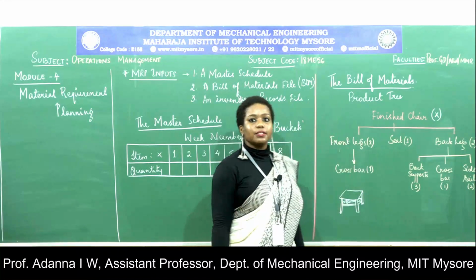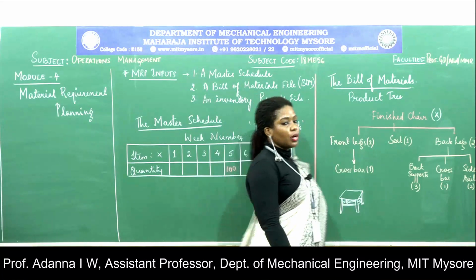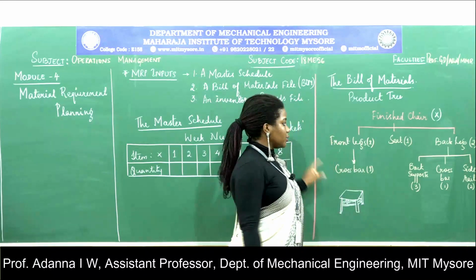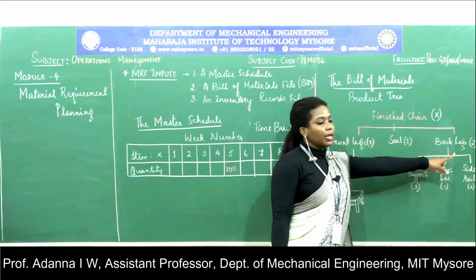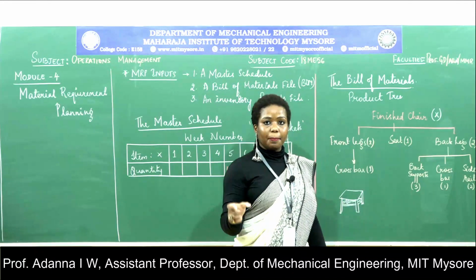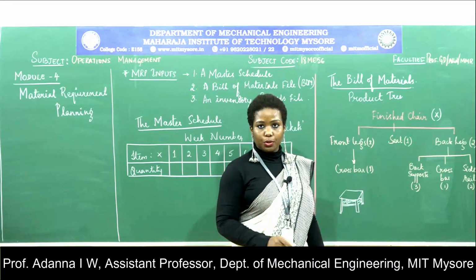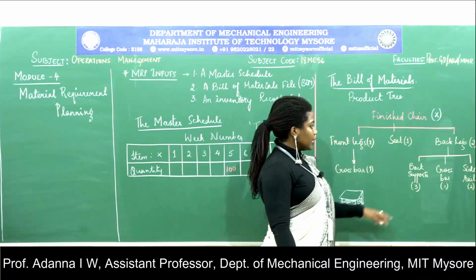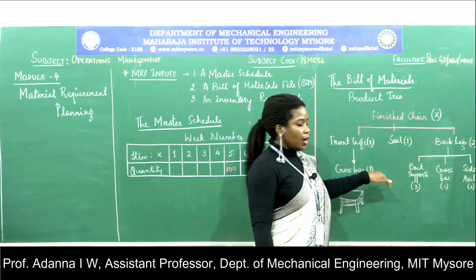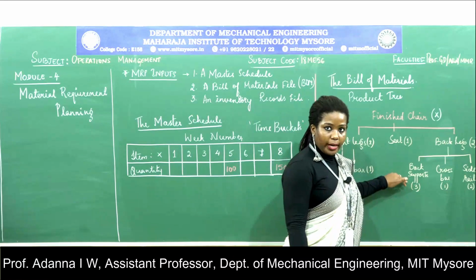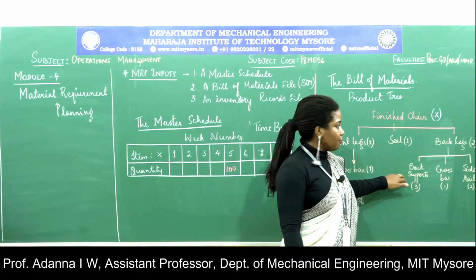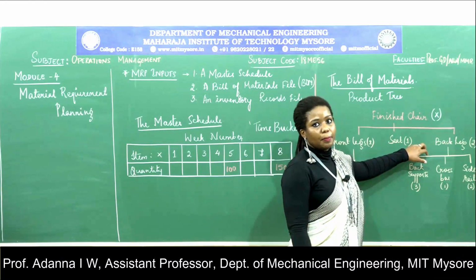So the bill of materials file gives you what we call a product tree, and with this product tree we calculate exactly how many of each of these smaller products we need to procure. Understand this, that in a product tree, whatever is at the base or the lower end is called a child of the previous one, which is called a parent.